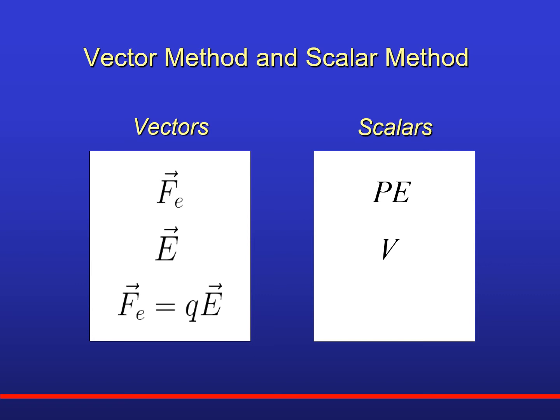Then how are these two related? Well, the potential energy is Q times V. Suppose that one charge has the potential V. You bring a second charge Q nearby. The potential energy is Q times V.